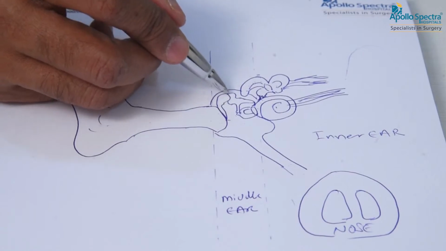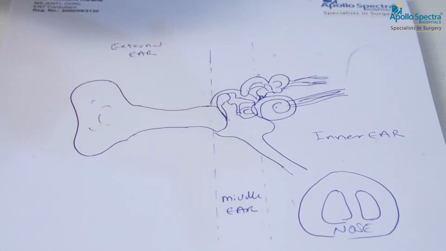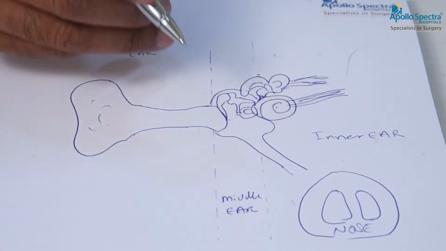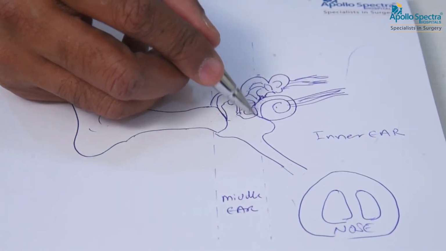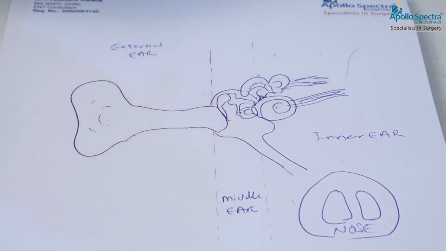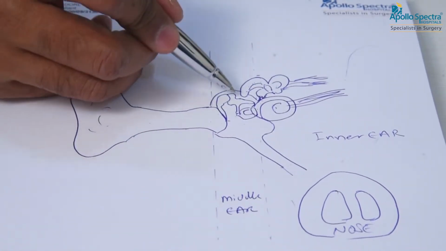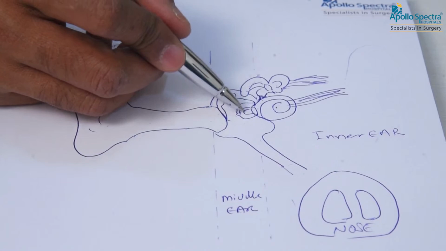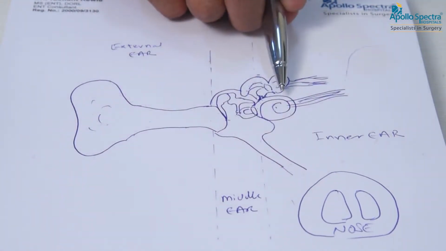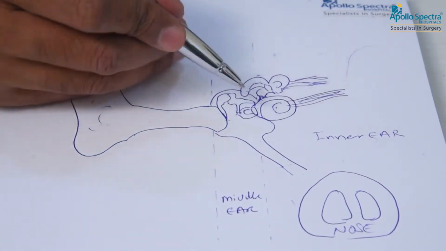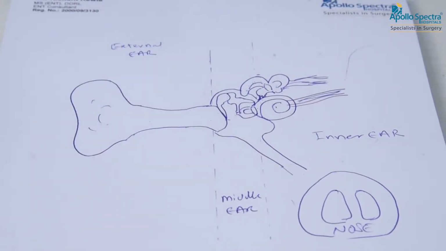This bony chain is fixed because of some pathology called otosclerosis, wherein the stapes, the third bone, will be fixed. So the first bone will move, the second bone will move, but the third bone will not move, and the sound will not be able to reach the cochlea. Again, you are going to have decreased hearing.